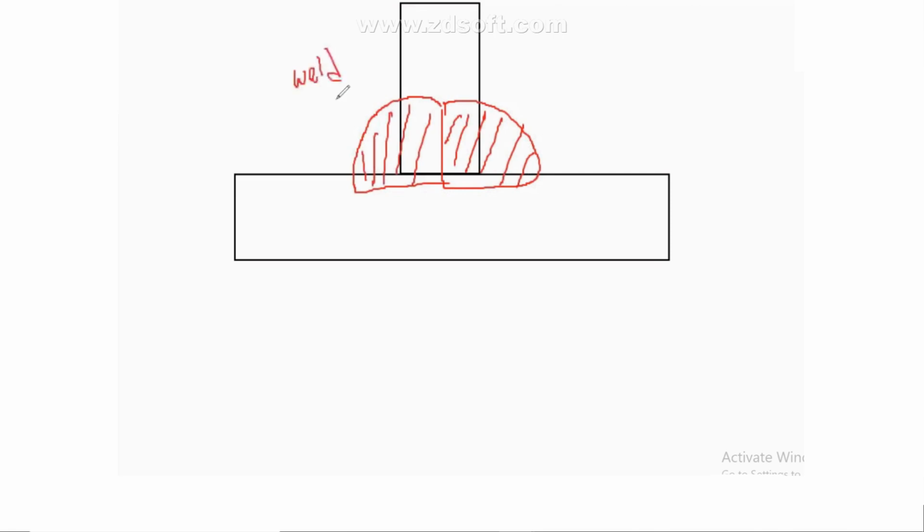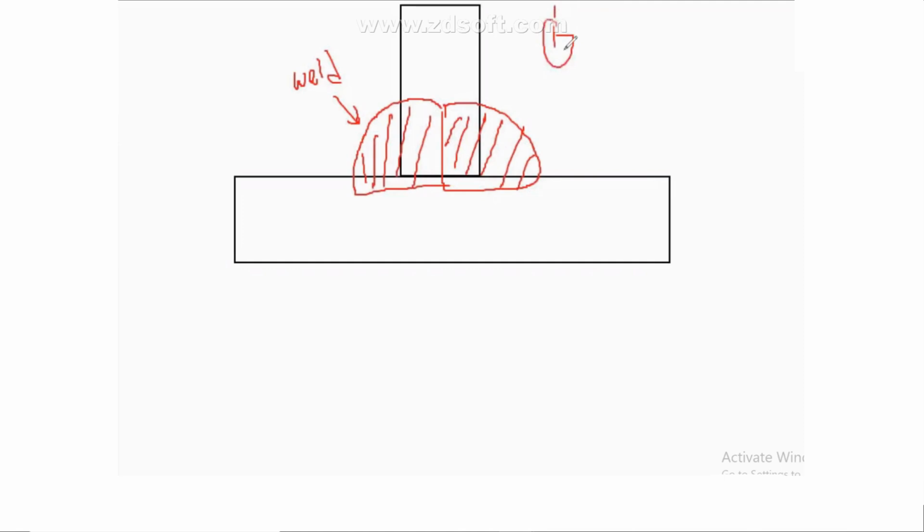All right, see, that's the weld side, and then the first factor here is it only occurs in T, K, Y, corner joint only.